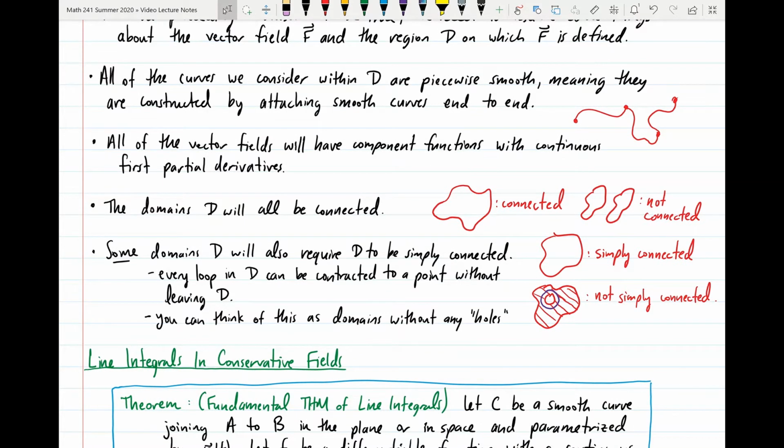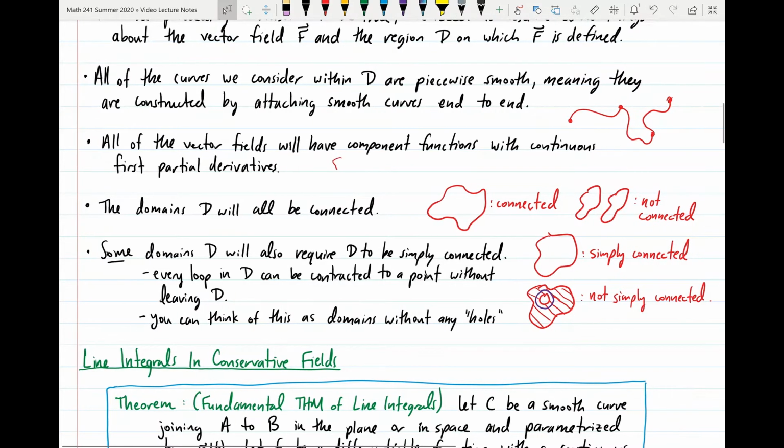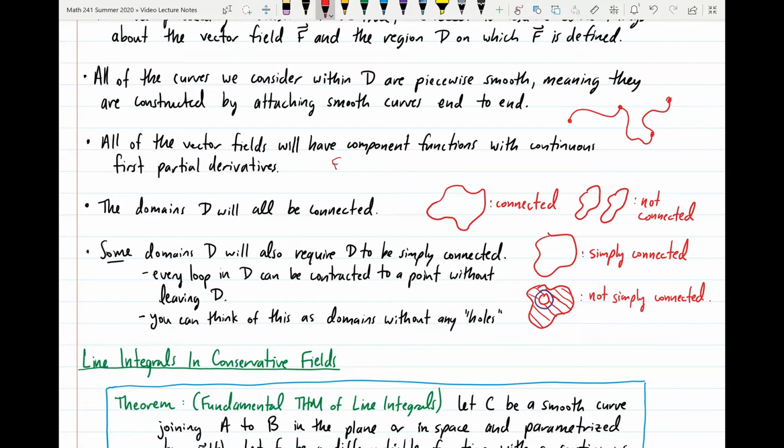Also, all of the vector fields will have component functions with continuous first partial derivatives. So remember that the vector fields can be written as something like this. We have F is equal to M times i plus N times j plus P times k, where M, N, and P here are the component functions, usually in 3 variables for F here.